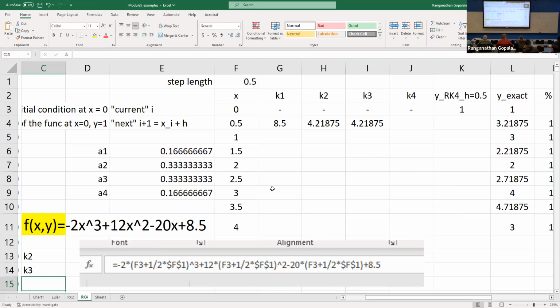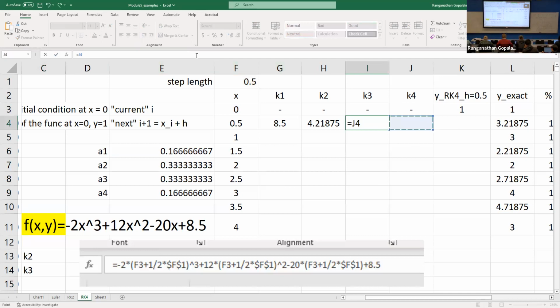How do you do K4? No, it's not the same as K1. It is evaluated at Xi plus H. K2 and K3 were evaluated at Xi plus half H. If you take this formula, all you have to do is get rid of this half to get K4. So copy the text of the formula, put it in the next cell, and carefully remove that half factor.